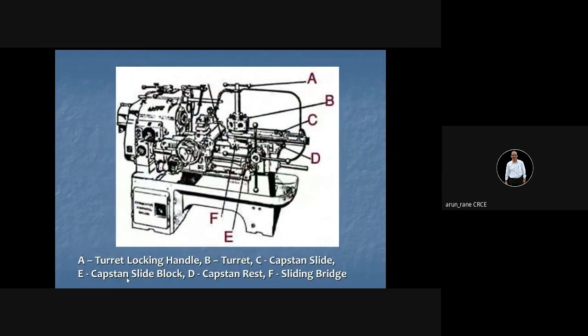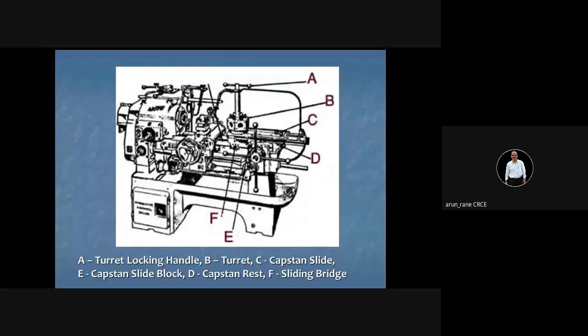Now you may not have understood the capstan lathe and turret lathe, so that's why I am showing this. This machine is a capstan lathe. So this is a turret here. Now this is one guideway, and there is one more slide, that is this.